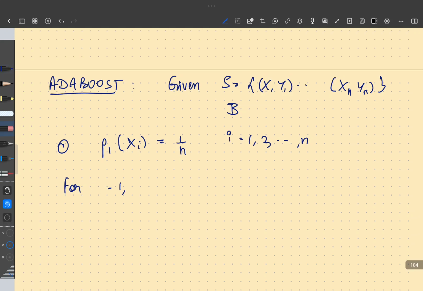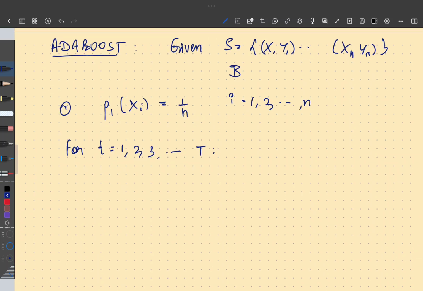So let's say that we are running the AdaBoost algorithm for T rounds, capital T rounds. In the Tth step, you take h_t in B to basically be the ERM.